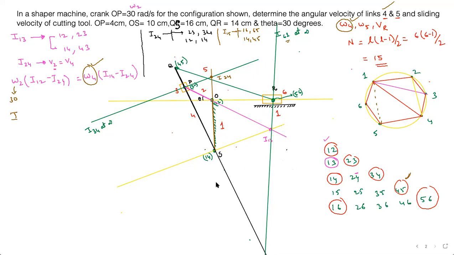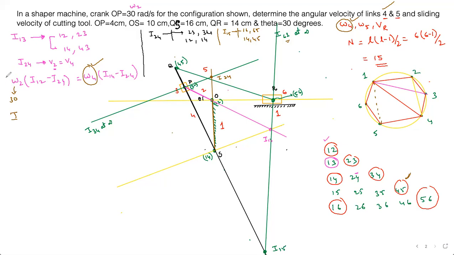Just think that it's your perpendicular, so that the concept does not overlap. So that we can see this point clearly, I have done this. Wherever they're intersecting, this point is I15.